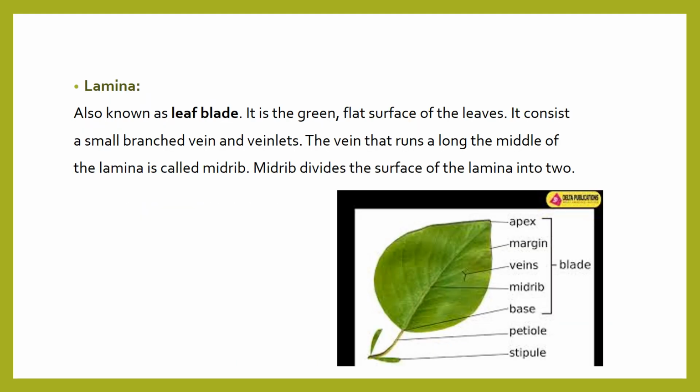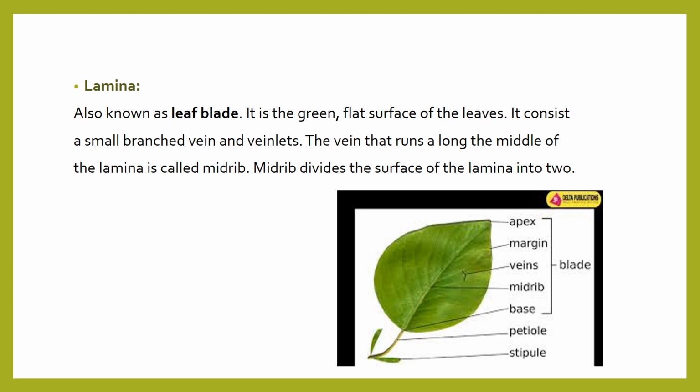Okay, the lamina, or the leaf blade. The leaf blade is the green flat surface of the leaf, as you see in the picture below. It consists of the apex and the base of the blade.